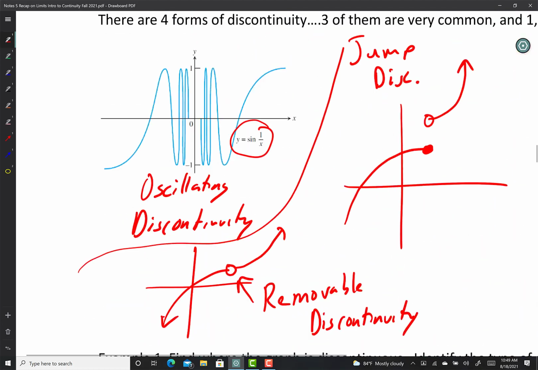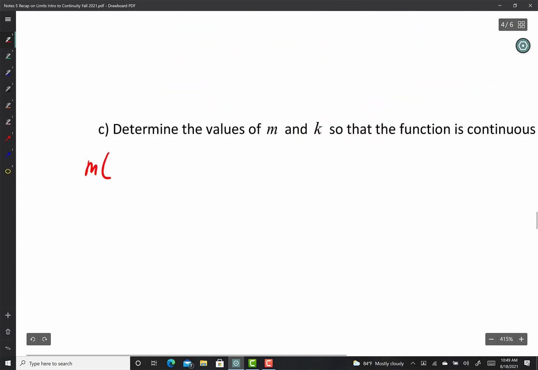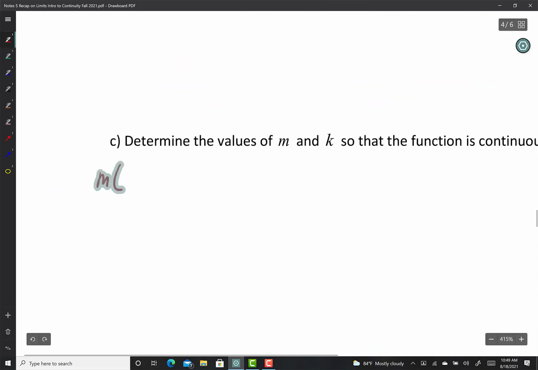Guys, I backed up too much. Okay, you guys tell me. kx squared plus m. So, this is wrong. What was my equation for the negative 2 from the left-hand side? Okay, so my value for x is negative 2 squared plus m, and that better equal what?